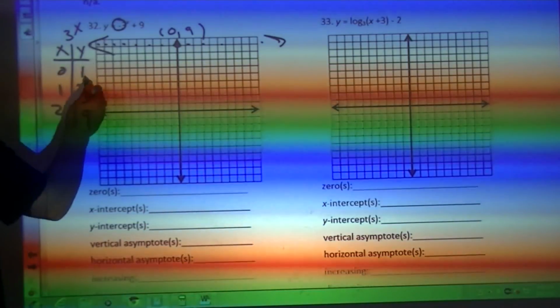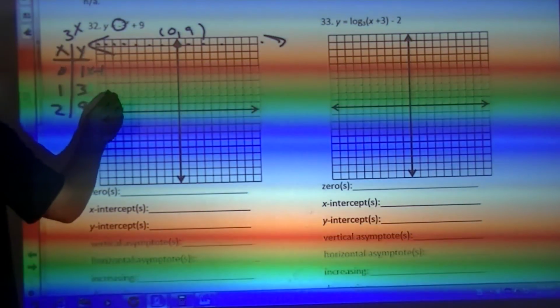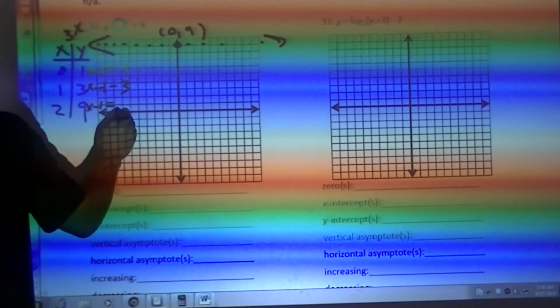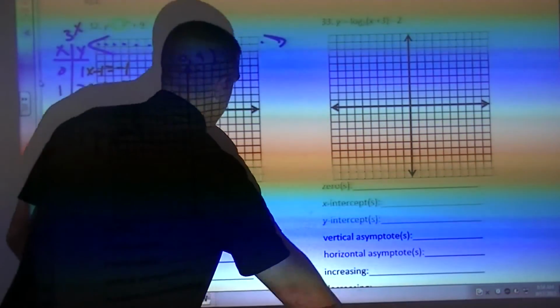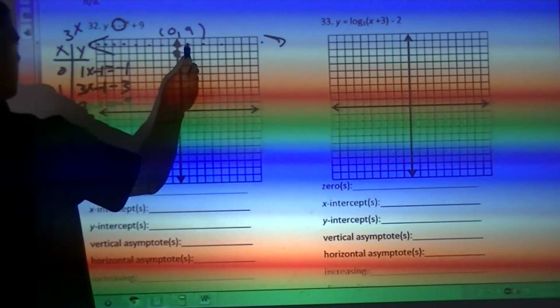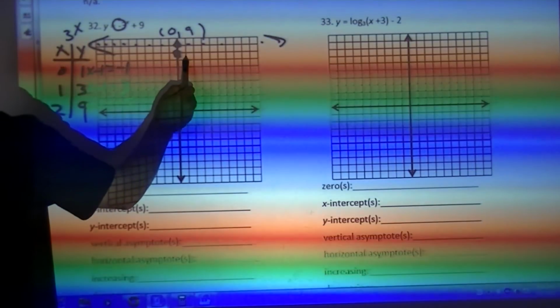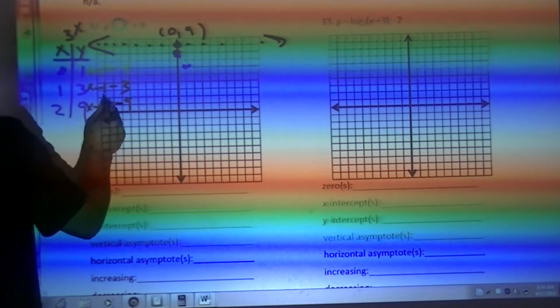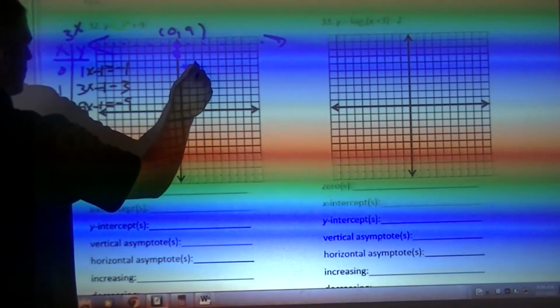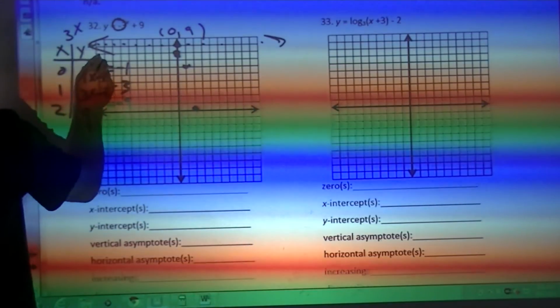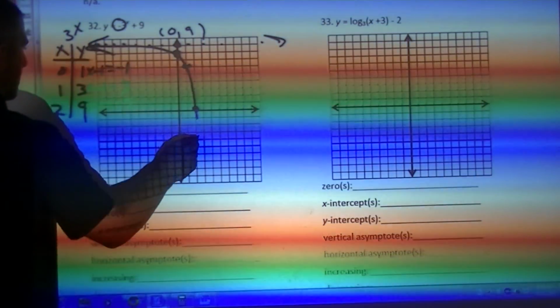Since I have that negative here, I'm going to multiply all these by negative 1. So that's negative 1, negative 3, negative 9. So I graph 0, negative 1, 1 to the right, 1, 2, 3 down, and then this is going to be 2 to the right, 1, 2, 3, 4, 5, 6, 7, 8, 9. So this is what this is going to be.